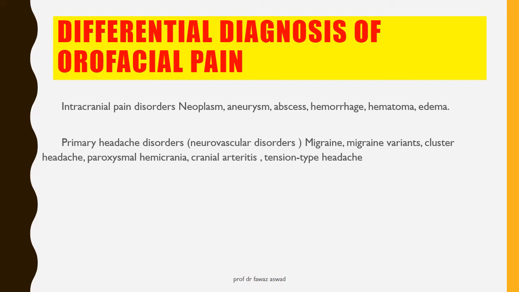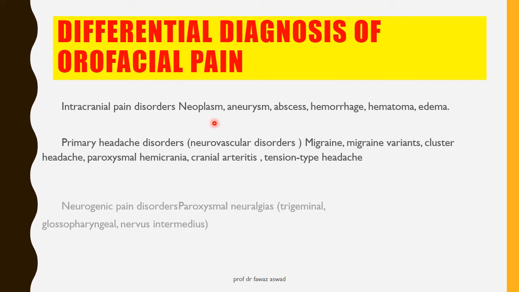That is to say, vascular or neurovascular types of pain, for example migraine, the cluster type, paroxysmal hemicrania, cranial arteritis, and tension-type headache.